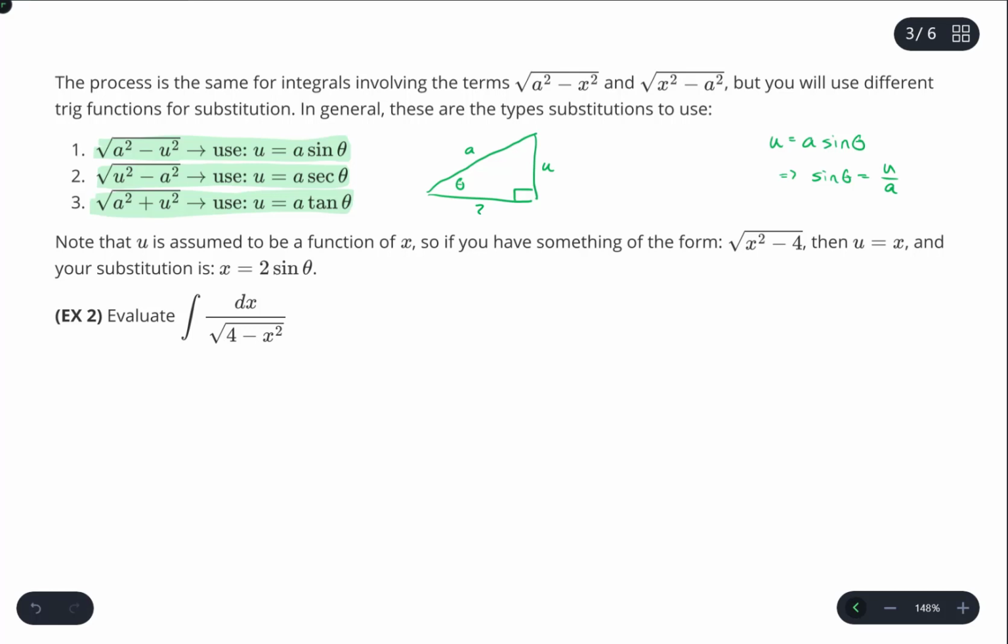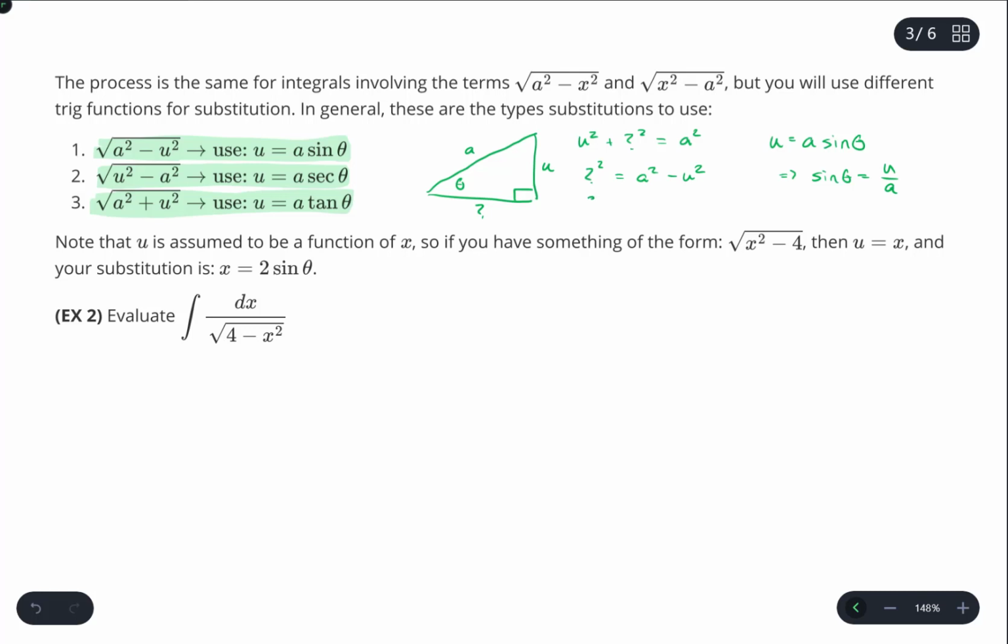Now, what becomes this remaining side? Well, using the Pythagorean identity, we know that the sum of the two shorter legs squared is equal to the hypotenuse squared. So if I want to figure out this missing value, I would subtract u squared from each side. So the missing value is a squared minus u squared.